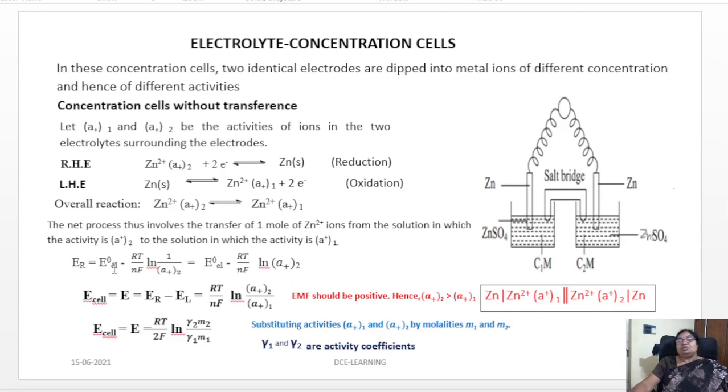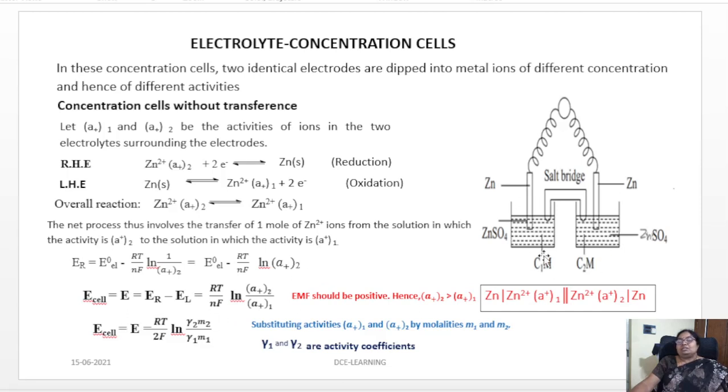So ER is equal to E standard cell minus RT by nF ln of the activity A2, because the right hand electrode undergoes reduction. Here the concentration of A2 is greater, so you neglect A1, because it is the reduction potential, and put ln of A2.